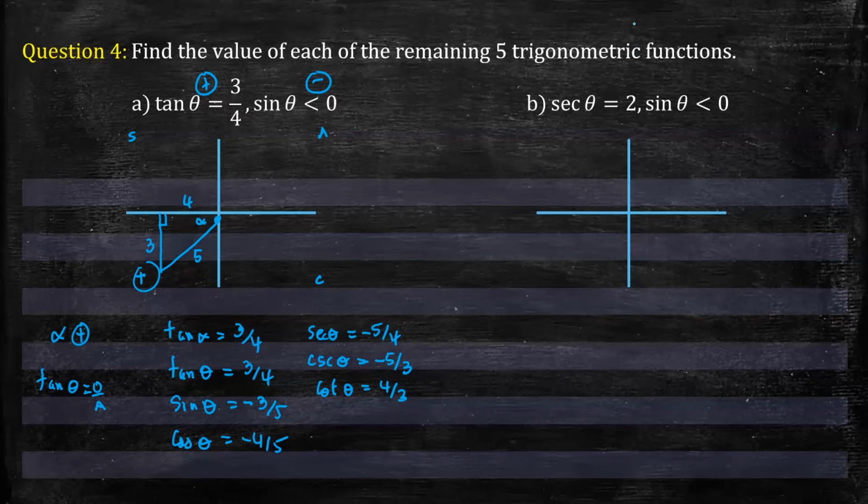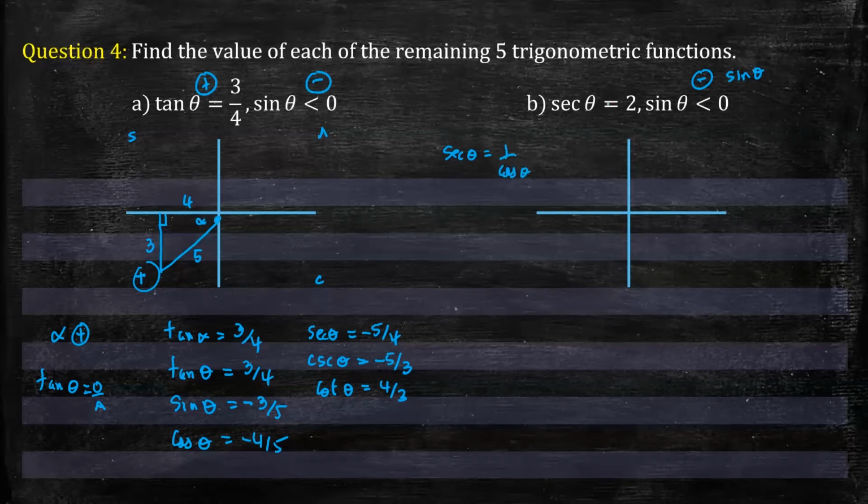In question B, it says that sec theta is 2 and that sine theta is less than 0, which is negative. So we know that sine theta is going to be a negative ratio and sec theta is 2. So what is sec theta? We know sec theta is 1 on cos theta.